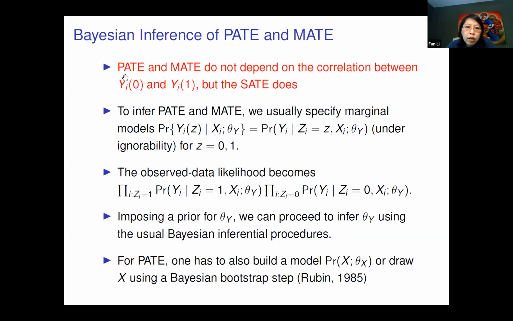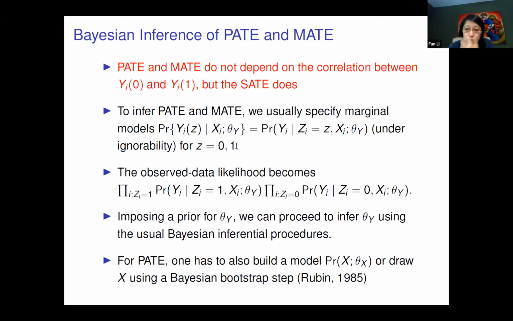Then, of course, let's talk about the different estimands and how we do the estimation. PATE and MATE do not depend on the correlation between Y1 and Y0, and SATE does, right? So to infer PATE and MATE, because they don't depend on the association, we can just specify marginal models.